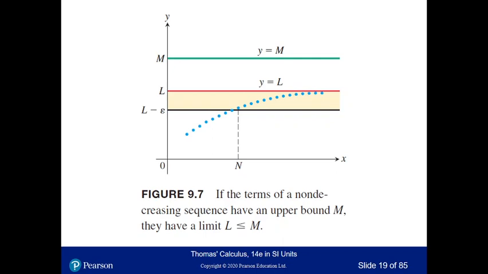Like in here, this sequence after some point n lives in this neighborhood. We have an upper bound, and it's increasing, by the way. This non-decreasing sequence means it's increasing, and there's an upper bound, so we expect that it has a limit.